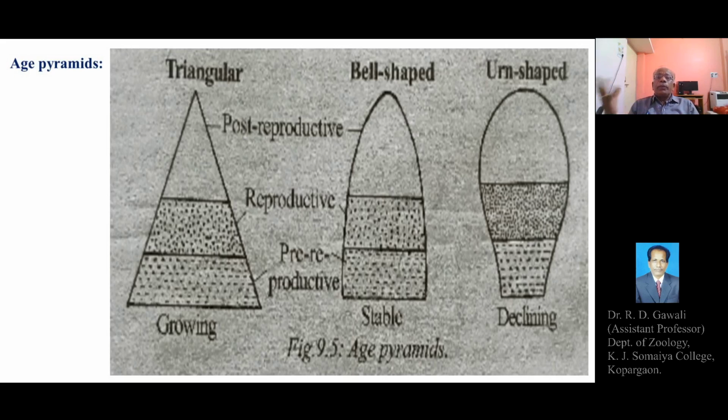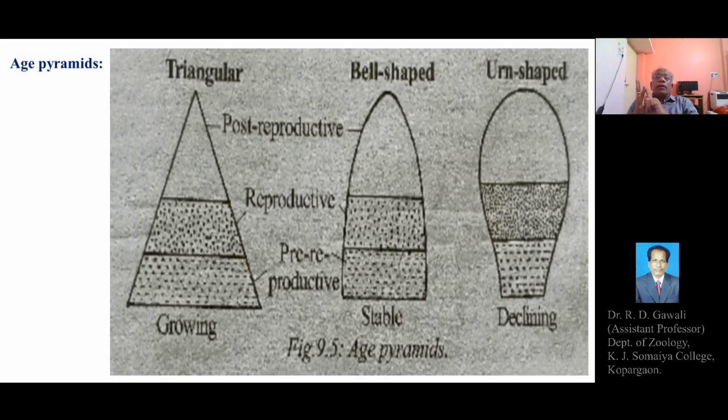Now we will repeat the same things again. In the first type of age pyramid, the triangular type, at the bottom there are a large number of individuals belonging to the pre-reproductive age group and the reproductive age group, and that's why the population is growing.